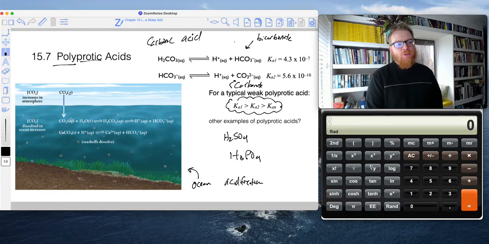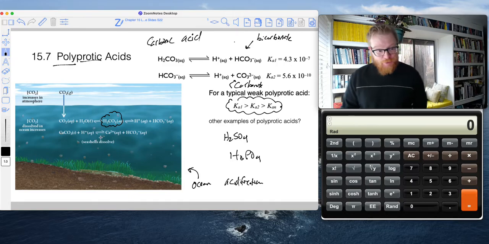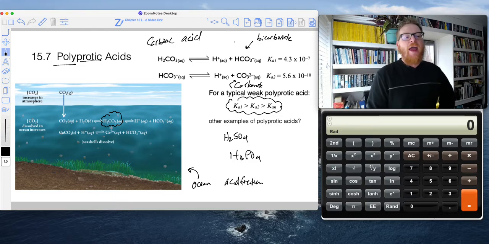And when that CO2 gets taken up into water, it will react to form our carbonic acid. And notice that that is also an equilibrium reaction, just making the carbonic acid in the first place. Okay. And then now this carbonic acid will go on to make H+ and bicarbonate.